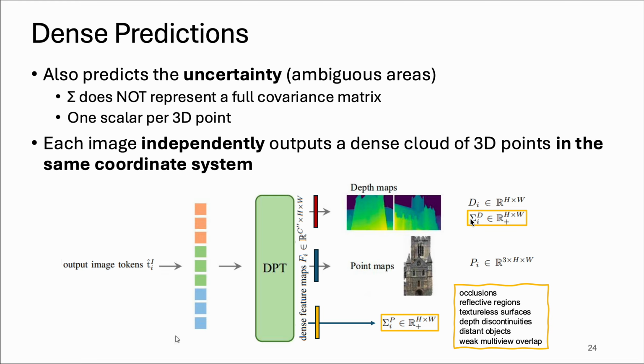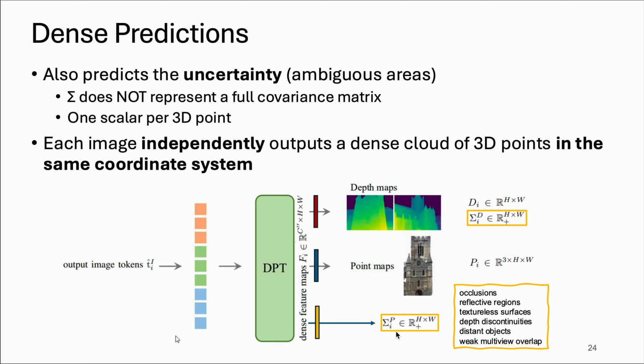The second output is the uncertainty associated with the depth map. They have the same output dimension. The third output is a point map. For each point, it's a 3-dimensional vector, x, y, z coordinates, and there is also an uncertainty associated with the point map.